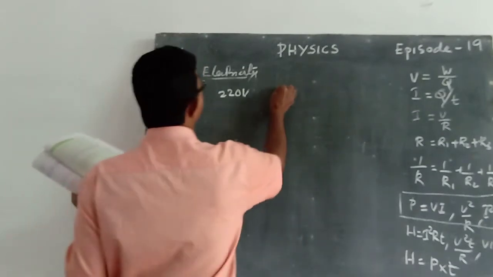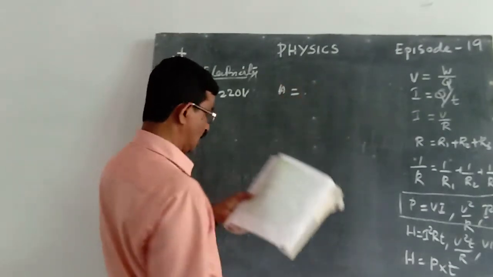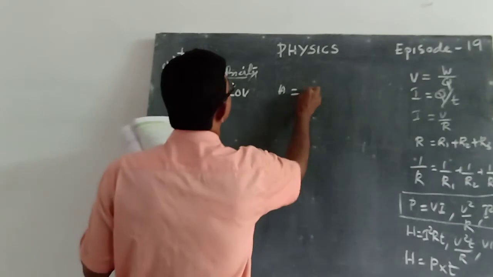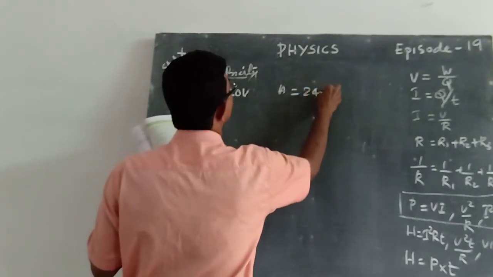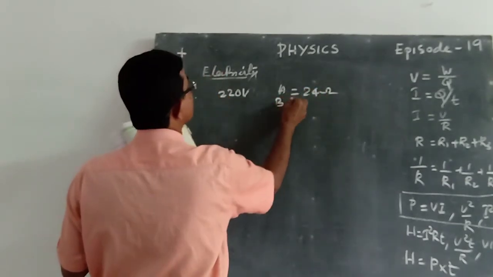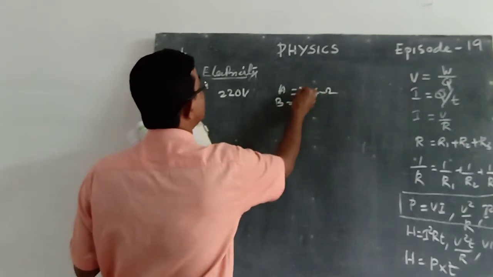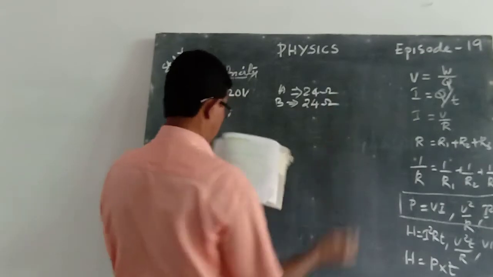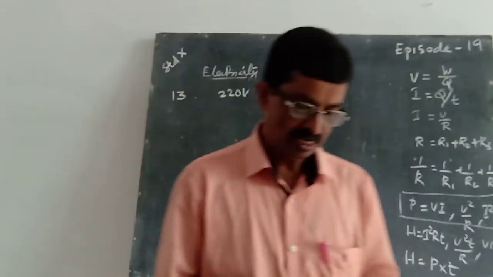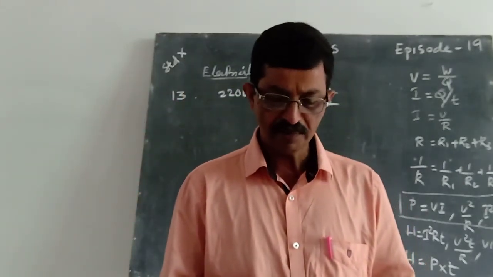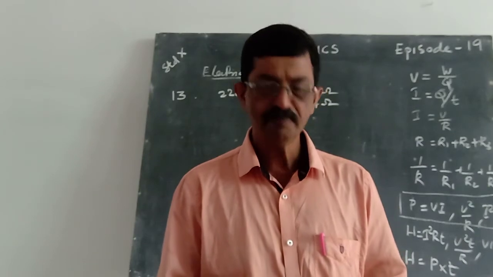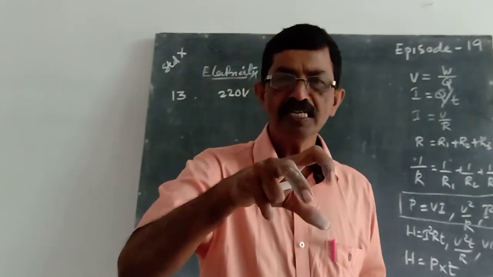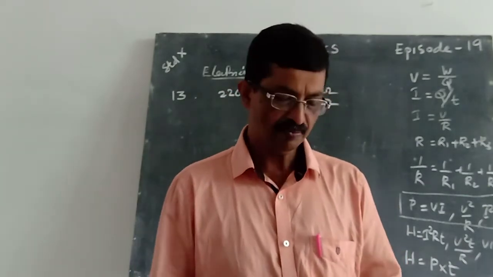That means plate A, how much is its resistance? 24 ohm. Plate B, its resistance is how much? That also is 24 ohm. Which may be used separately, in series or in parallel.